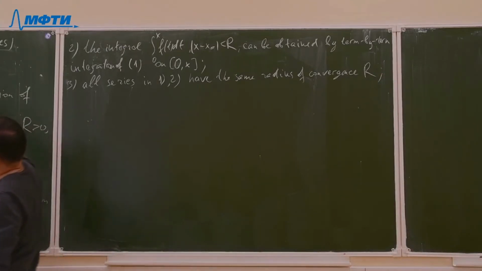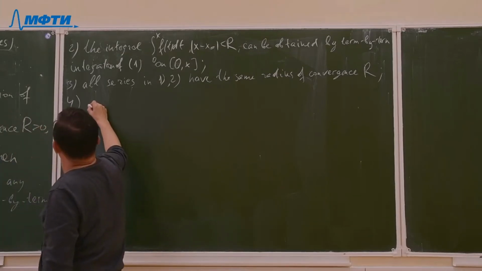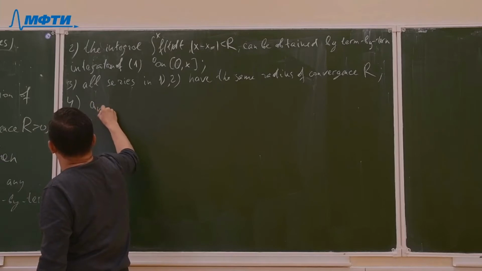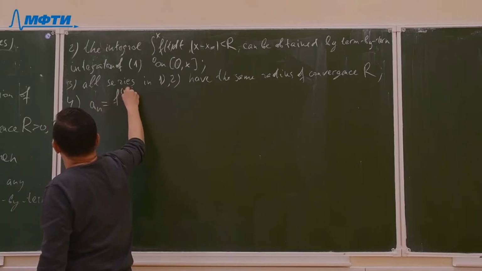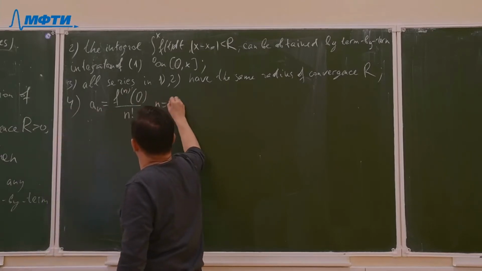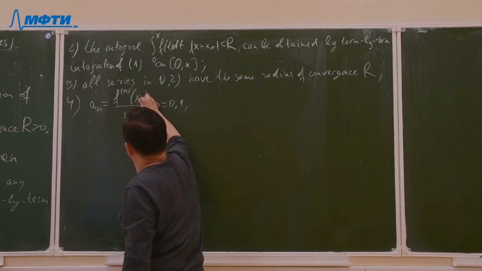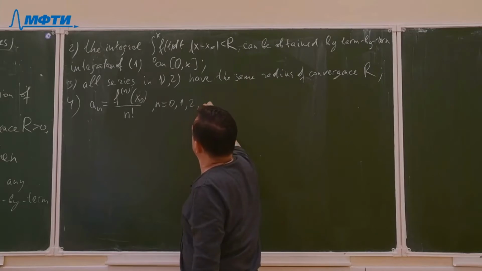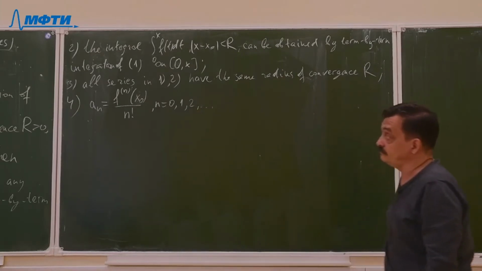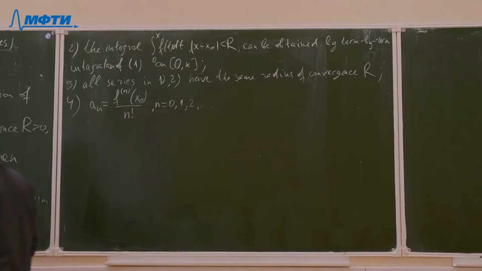So same radius of convergence we have. And last assertion, coefficients can be obtained uniquely. So an equals the nth derivative at x naught over n factorial, n equals 0, 1, 2, and so on. So these are 4 assertions.